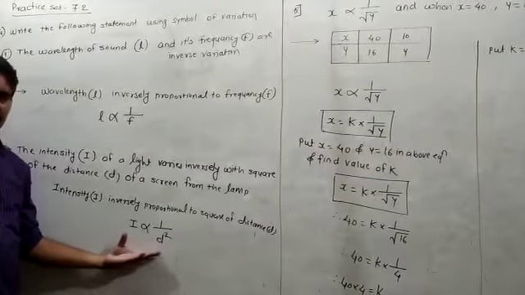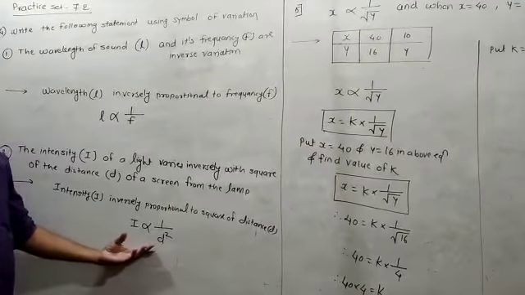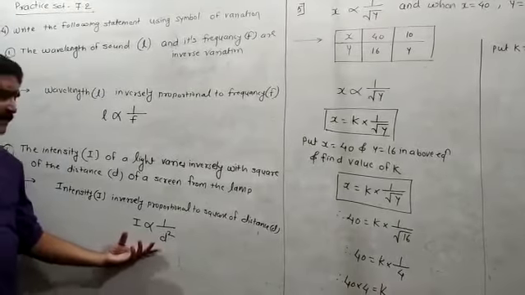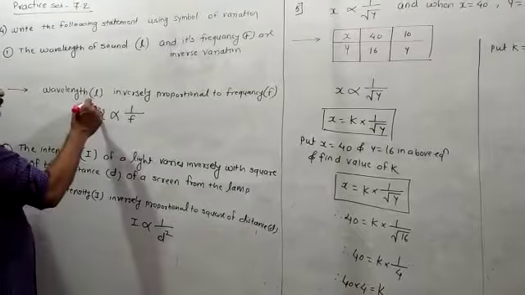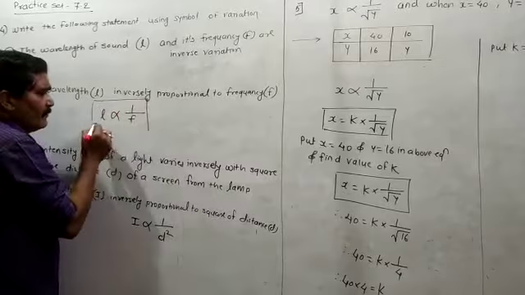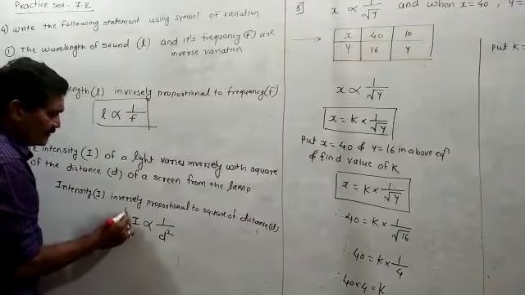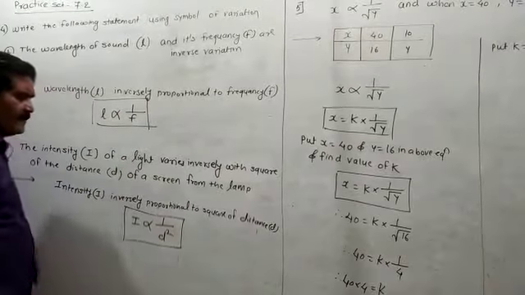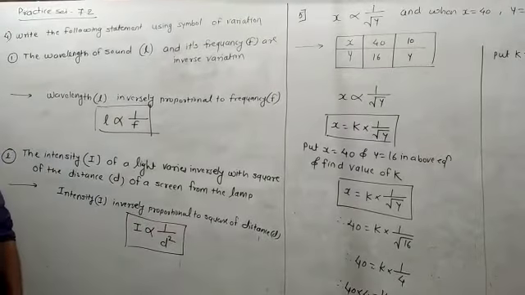In this way you have to write this statement using the symbols of variation. This is the first statement, L is inversely proportional to frequency, and the intensity of the light is inversely proportional to the square of the distance.